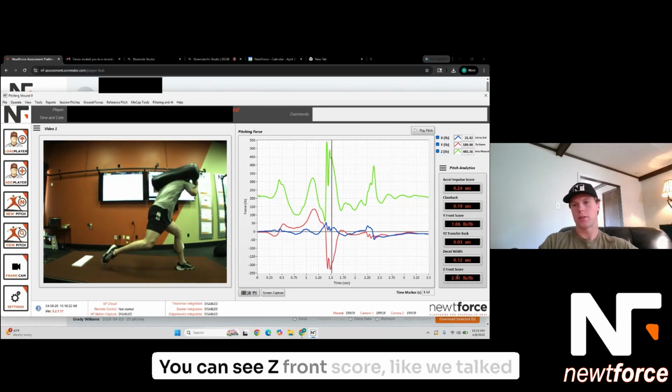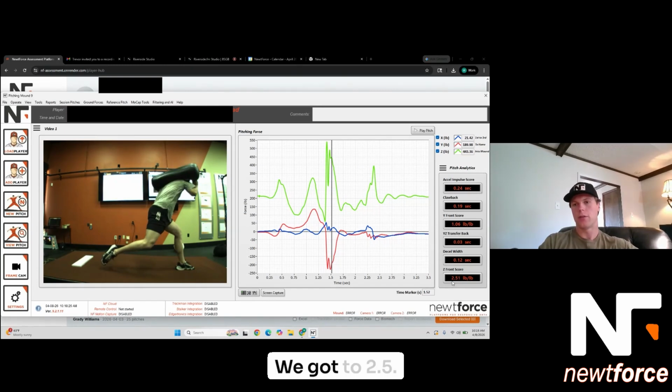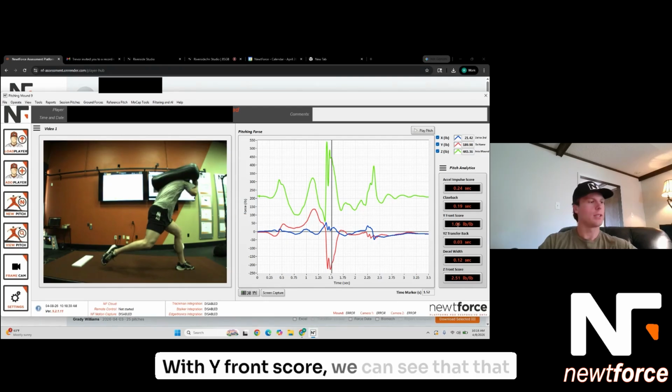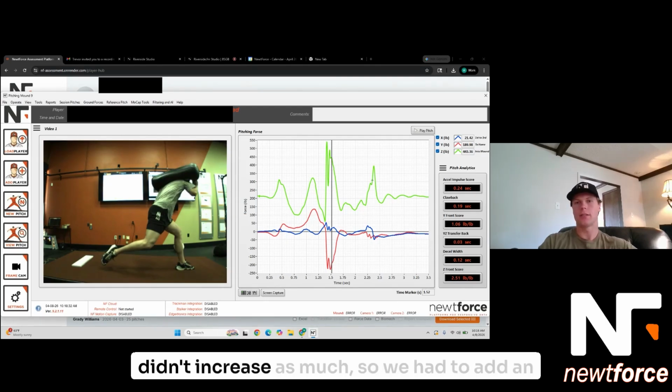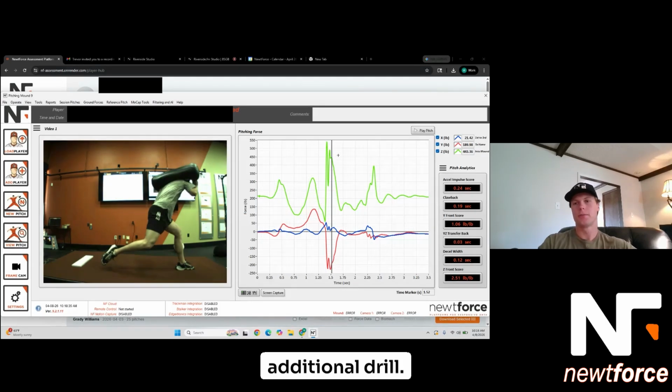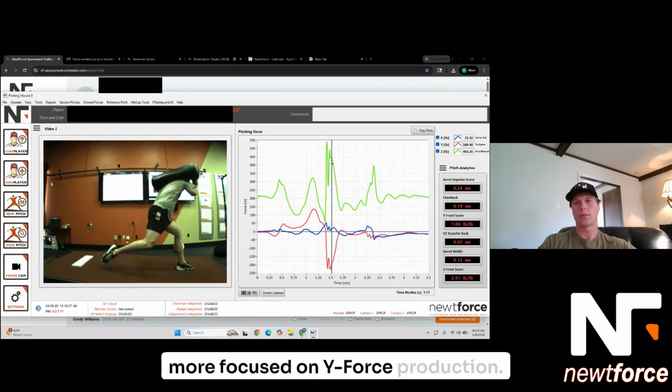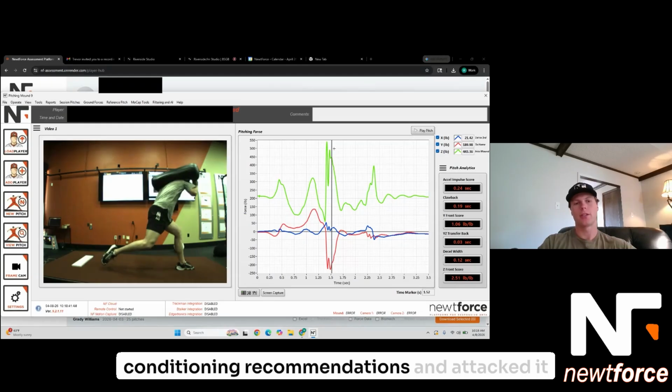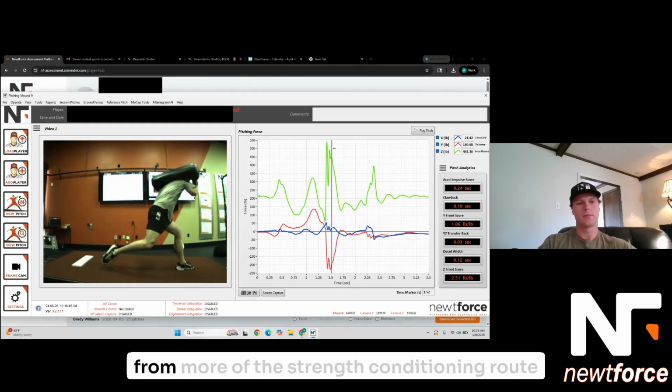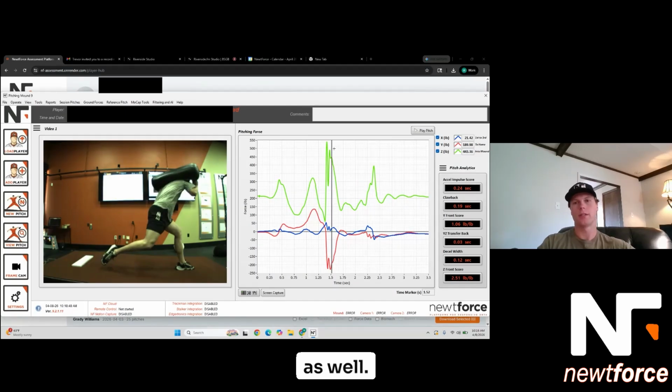You can see Z front score, like we talked about earlier. Our goal is to get above 2.0. We got to 2.5. With Y front score, we can see that that didn't increase as much, so we had to add an additional drill more focused on Y force production. And then we also added in some strength and conditioning recommendations and attacked it from more of the strength and conditioning route as well.